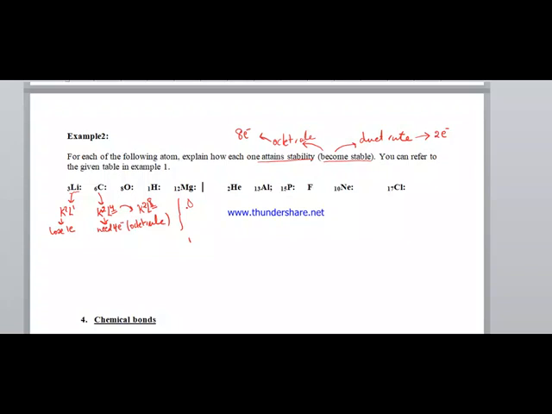Oxygen, which is 8, has an electron configuration K2L6, so it needs 2 more electrons to be stable, satisfying the octet rule.